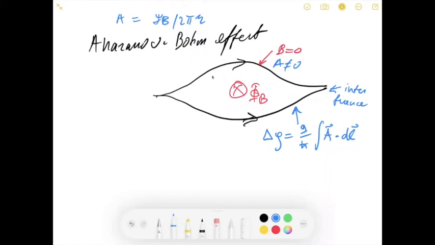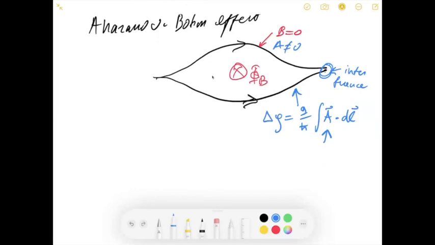So in other words, you can look at the detector here, and as a function of the magnetic flux, you will go from constructive to destructive interference just by virtue of this vector potential, even though the magnetic field is 0. So quantum mechanically, it turns out that the relevant field is actually not B, it's the vector potential. So this is not an intellectual exercise. It is real.